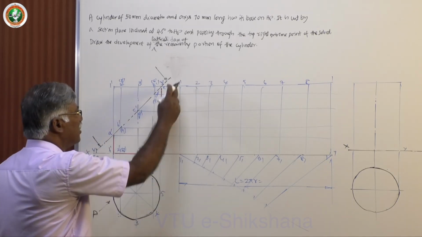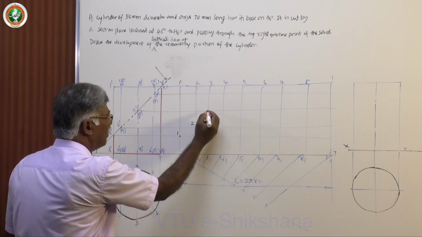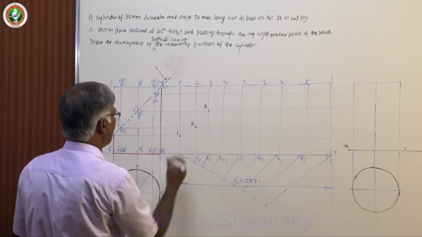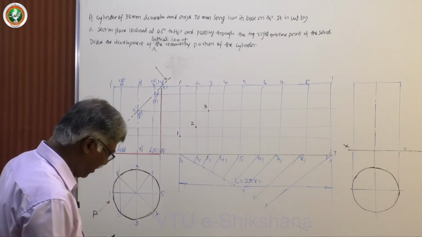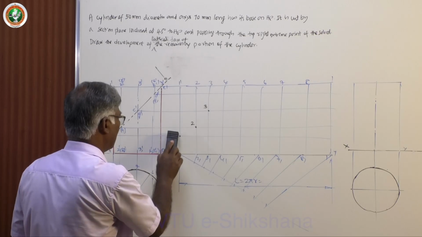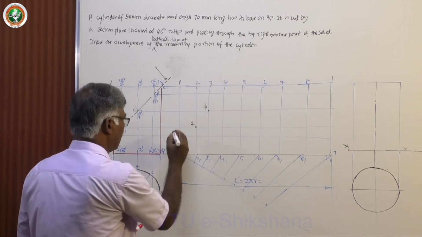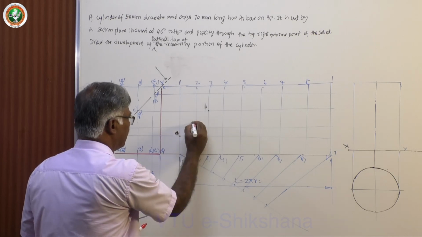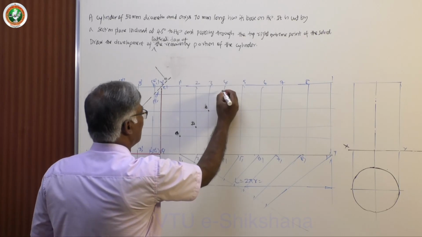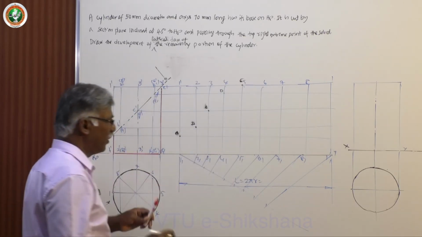So this is 1, 1 already marked. This is 1. This one is 2. This is 3. Actually, we have made naming A, B, C, D because we have taken this itself as 1, 2, 3. This is A. This is B, C, then D, E. Be careful.